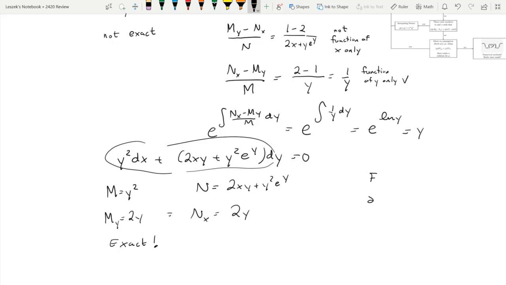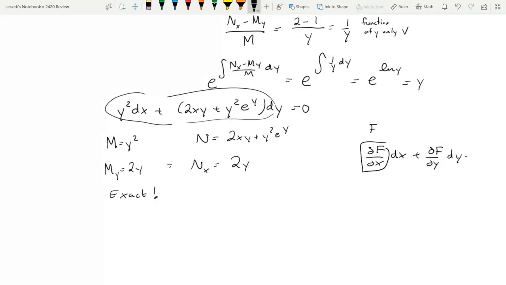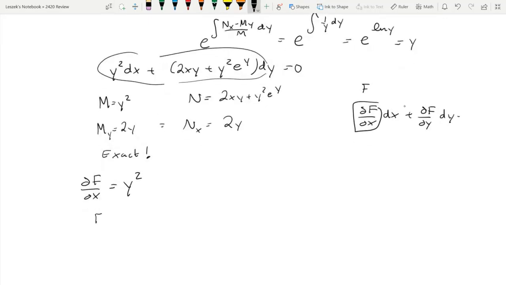Right? So, all right. So the derivative of this f with respect to x should give me M. We recover f by anti-differentiating with respect to x.